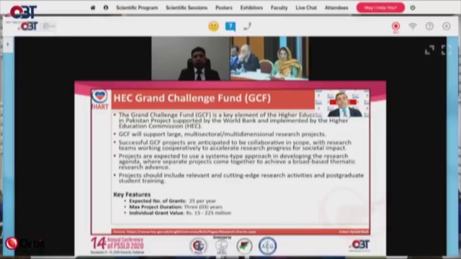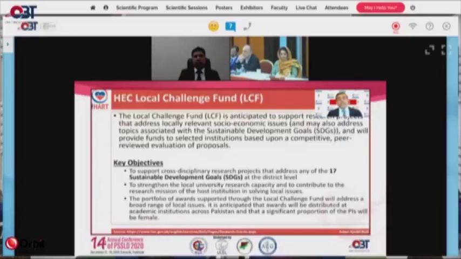The next type is the Local Challenge Fund, which is anticipated to support activities that address locally relevant socioeconomic issues. They can also address any topics related to the Sustainable Development Goals, or SDGs, and they provide funds to selected institutions based upon a competitive peer-reviewed application that you submit.